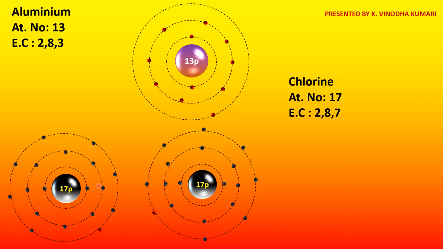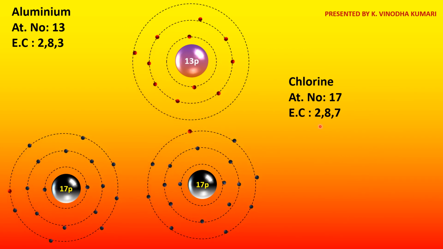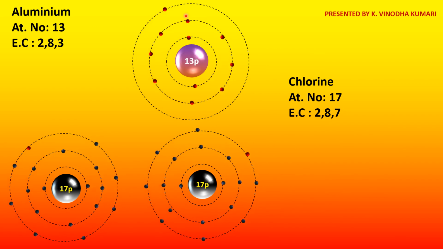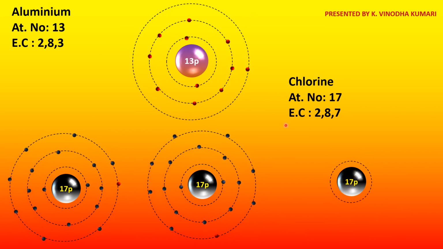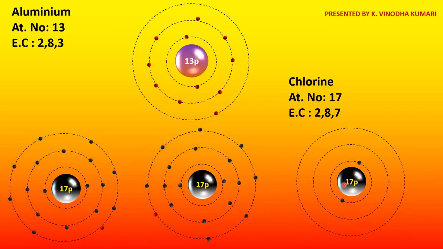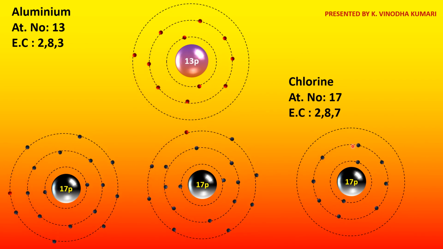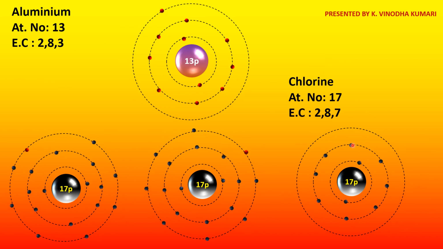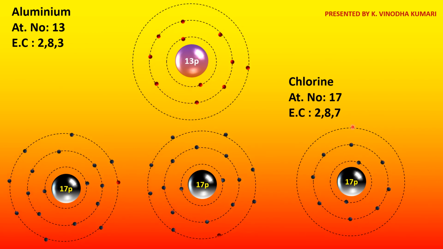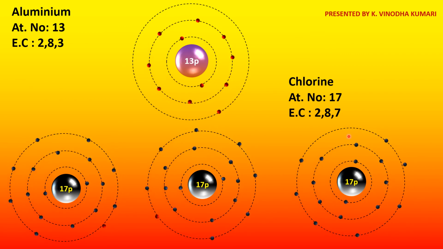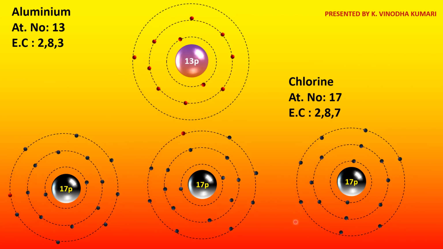Okay. So another chlorine whose configuration is 2, 8, 7, and the aluminium which has another electron will donate its last electron to this chlorine. This chlorine has 2 electrons in the first shell, 8 electrons in the second shell, and 7 electrons in the third shell. So it requires 1 electron.